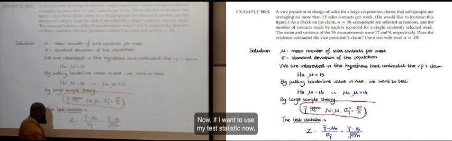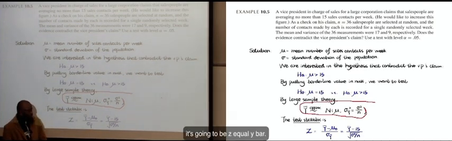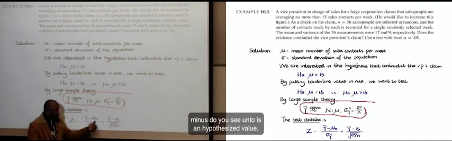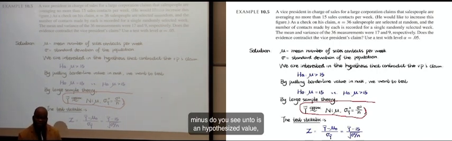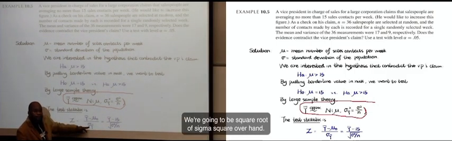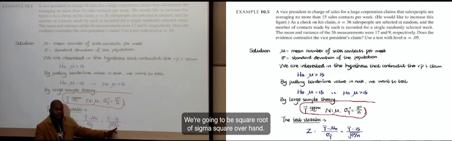Now, if I want to use my test statistic, it's going to be Z equals Y bar, the sample mean, minus mu naught. Mu naught is a hypothesized value, the intelligent guess. Divided by what? This is the standard error, the square root of sigma squared over n.